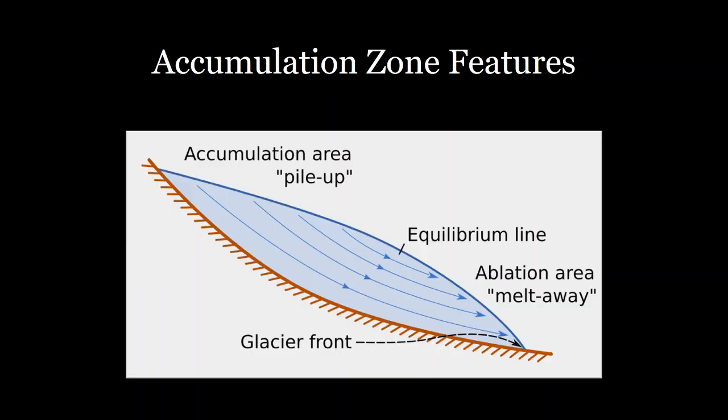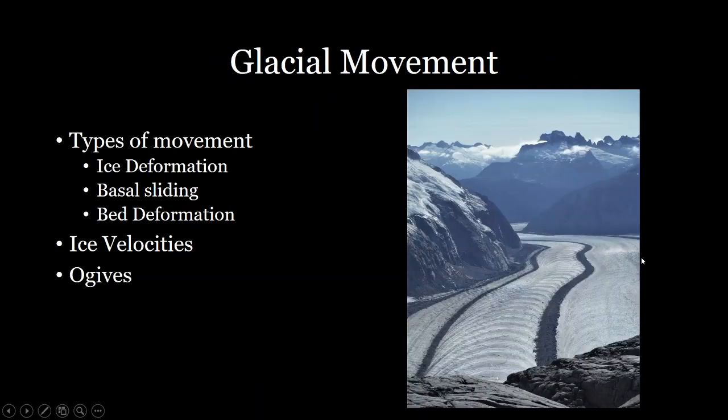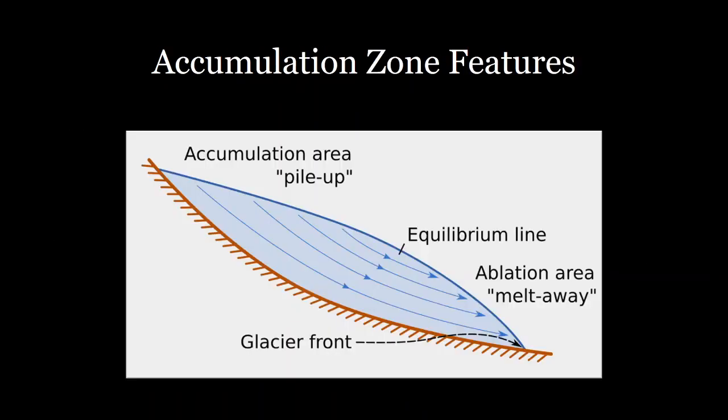Next, we're going to be talking about accumulation zone features. These are features of a glacier that form in the accumulation zone.